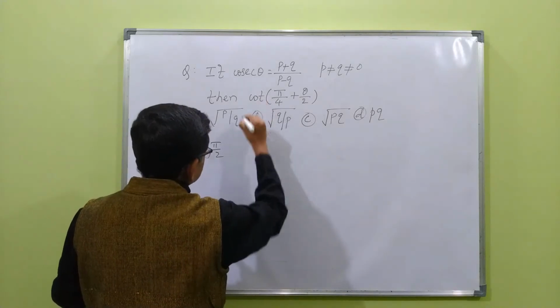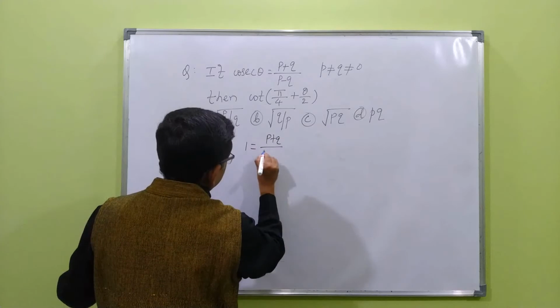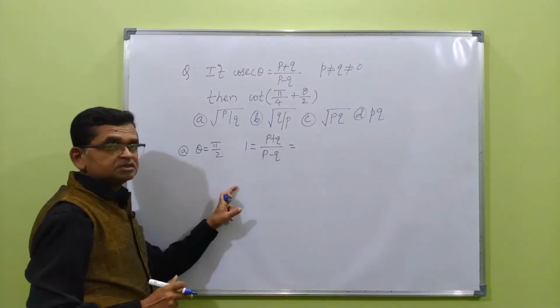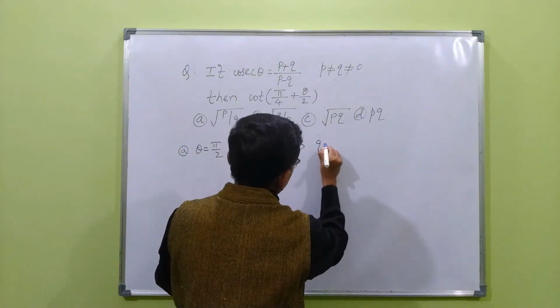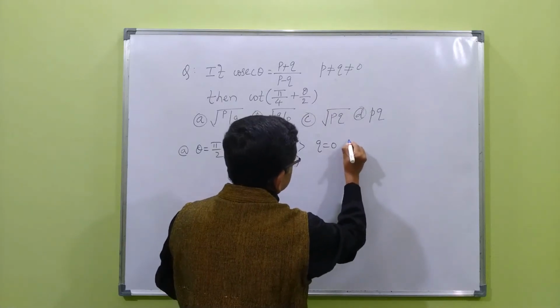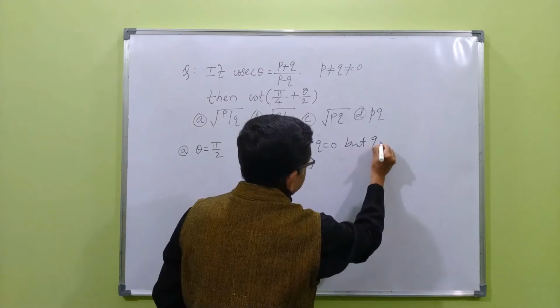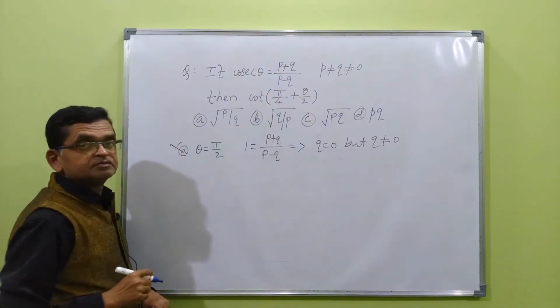Cosecant pi by 2 is 1, so P plus Q divided by P minus Q, that is P plus Q is equal to P minus Q, that implies Q is equal to 0, but Q should not be 0, so you can't take this value.